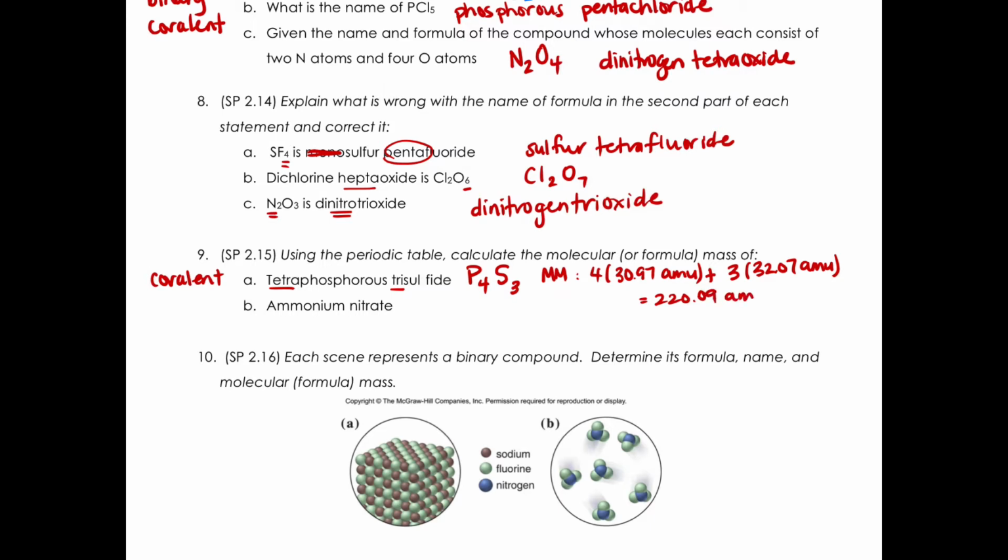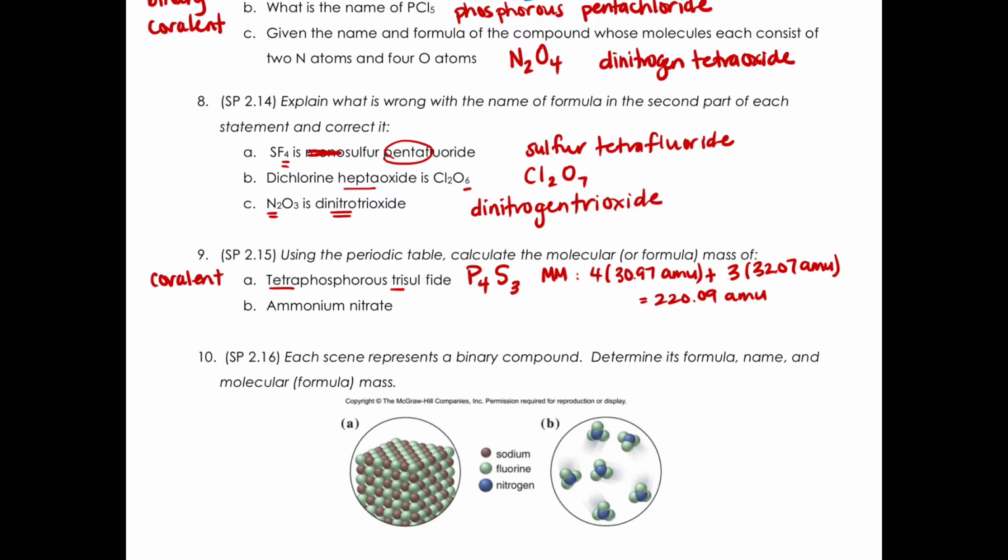220.09 atomic mass units. Now, even though it looks like maybe we should be rounding this to 4 significant figures, we probably have that in our head because we've been doing so much multiplication. Remember, when we are adding or subtracting things together, we need to look at the number of significant figures to the right of the decimal.